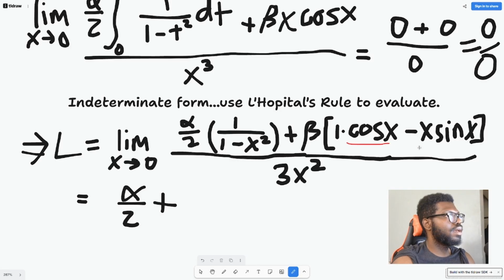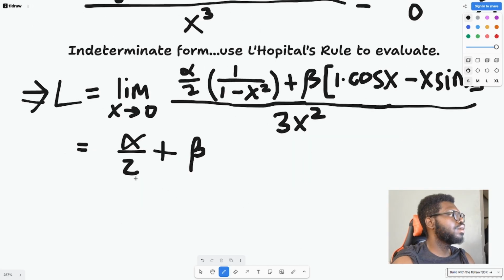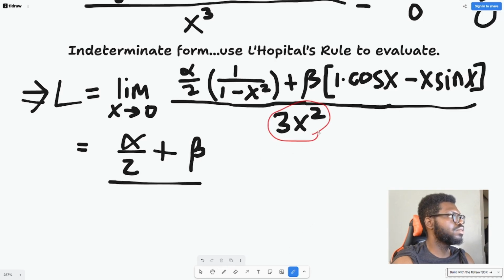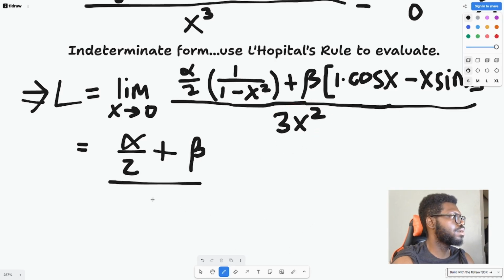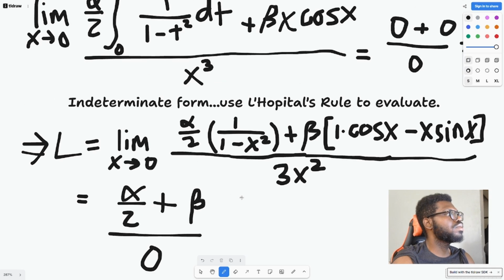And since this other term here has an x, the limit as x approaches 0 is just going to be 0 here. That term is going to go away. That means that in this bracket, we just have beta. And in the denominator, this expression is going to approach 0 as x approaches 0. We end up with alpha over 2 plus beta over 0.